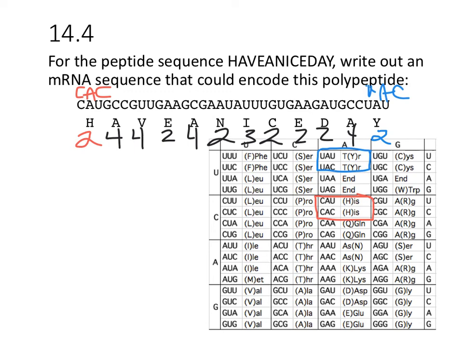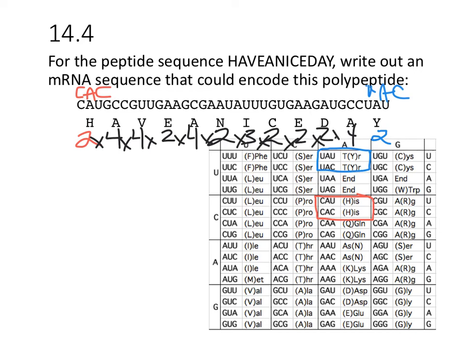Do you add them or do you multiply them? That's the perfect question. It's like every other combinatorial thing we've done in class. What's the probability of having an A next to an A next to an A? It's 4 times 4 times 4 times 4. This one, it's 2 times 4 times 4 times 2 times 4 times 2.